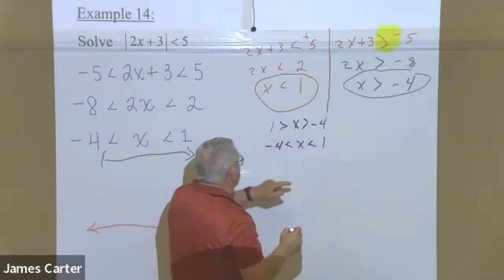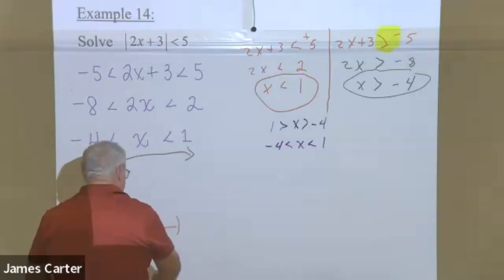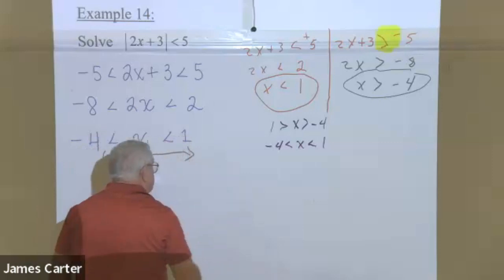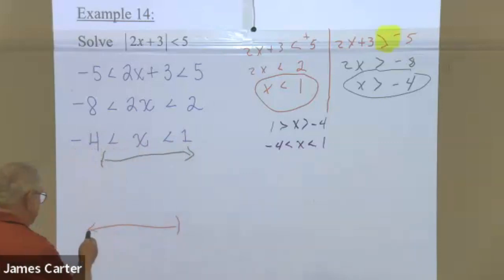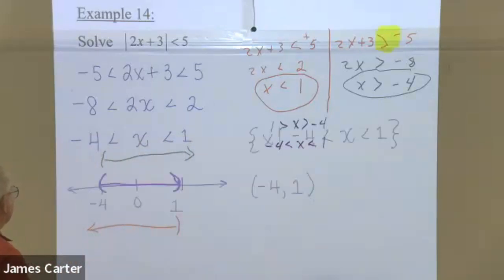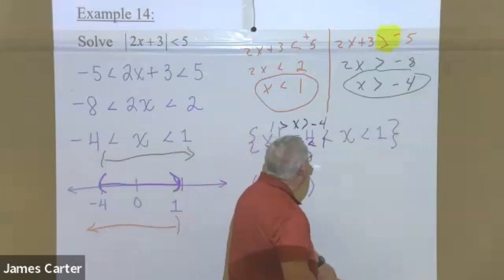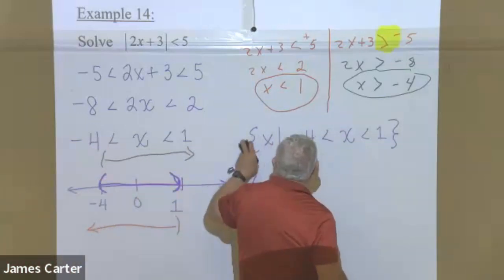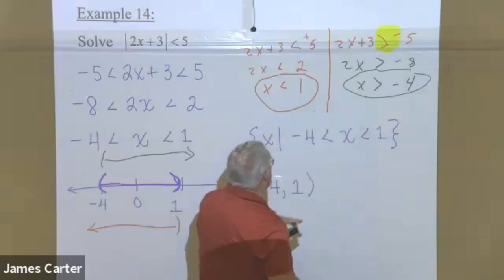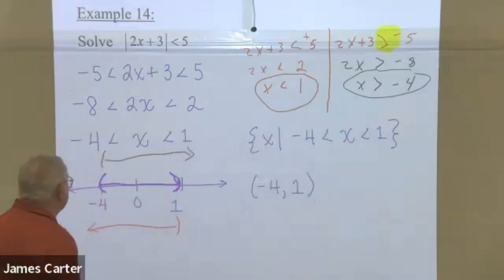We always want these to point to the left or be less than symbols. Here's our graph. Let me erase my scribbles. The graph can be taken straight from these two statements. And then you got that statement, and you got this statement.